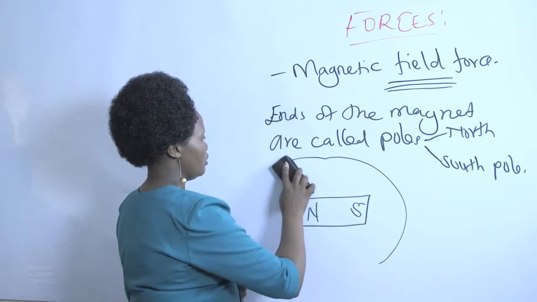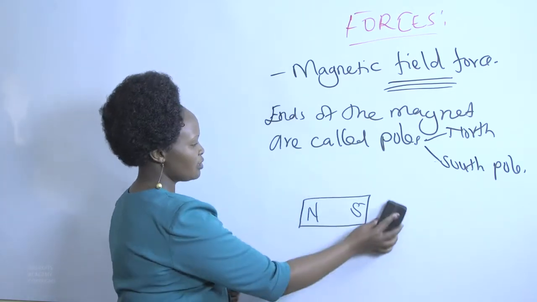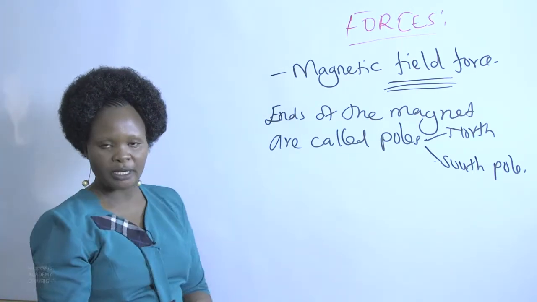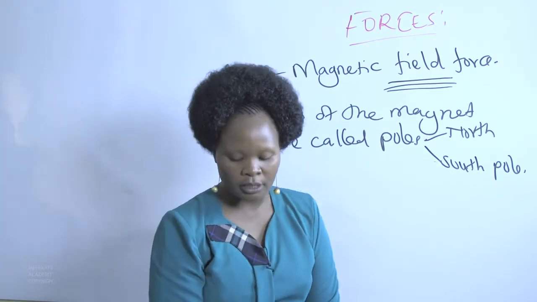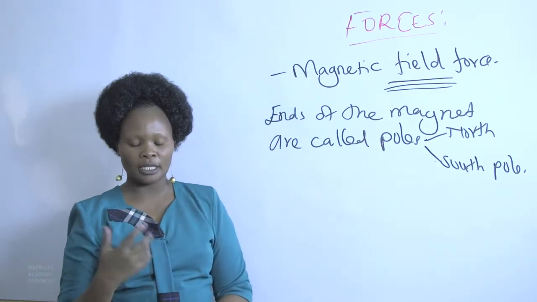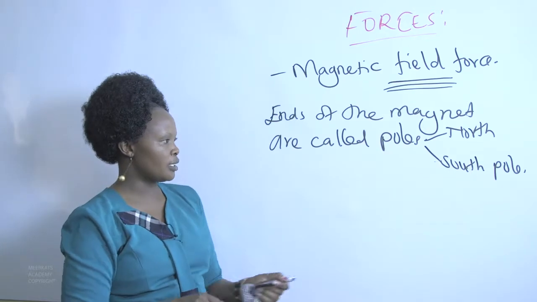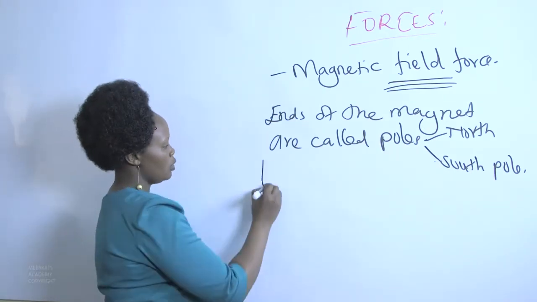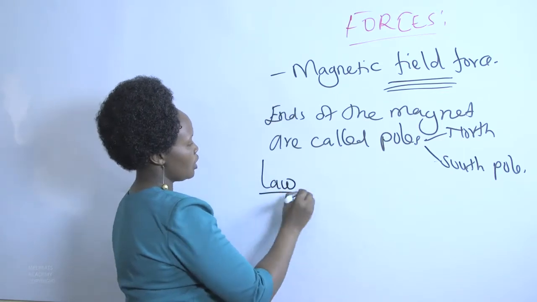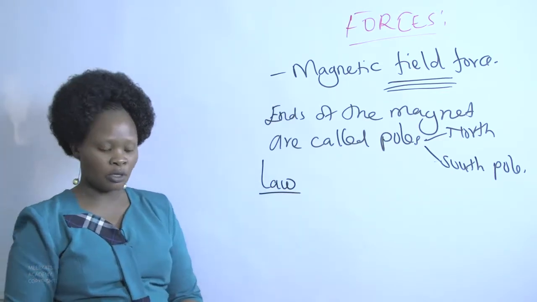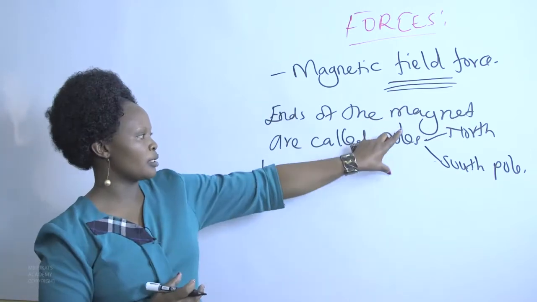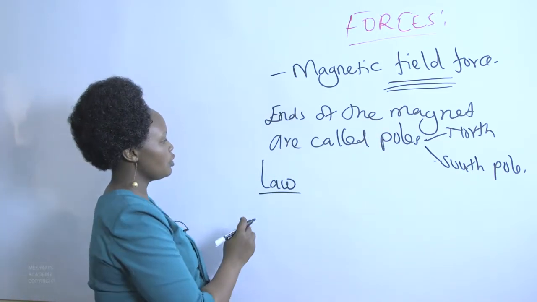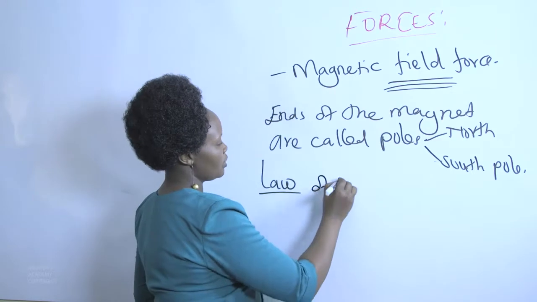Now, it is not all the time that you bring a magnetic material close to a magnet that it is going to be attracted. There is a law that governs the operation of the poles of a magnet, which we are going to call the law of magnetism.